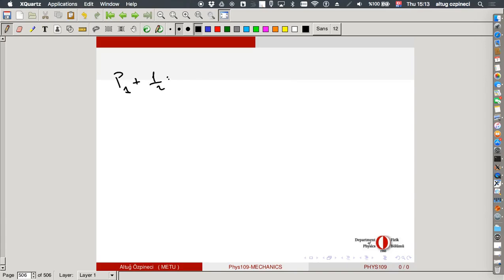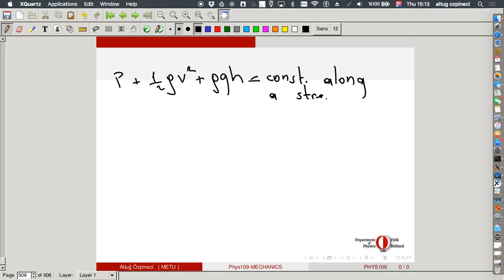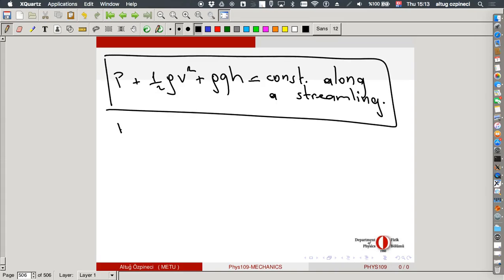P plus 1 over 2 rho V squared plus rho G H is constant along a streamline. This is called Bernoulli's equation.